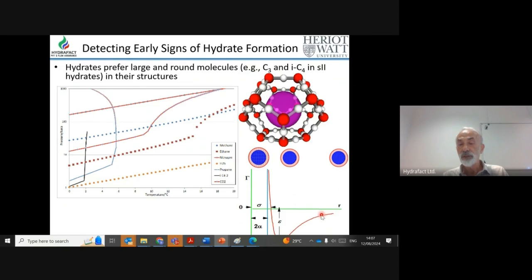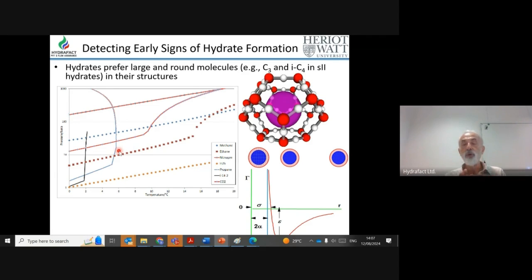As they get closer to each other, they have attraction, and this is maximum attraction here, and then they repel each other. And from there, we can see how much a compound can promote hydrate formation. And this is the curve created here.